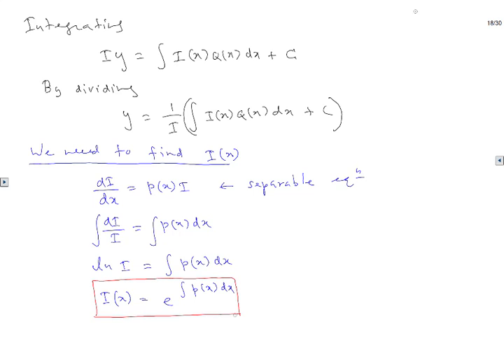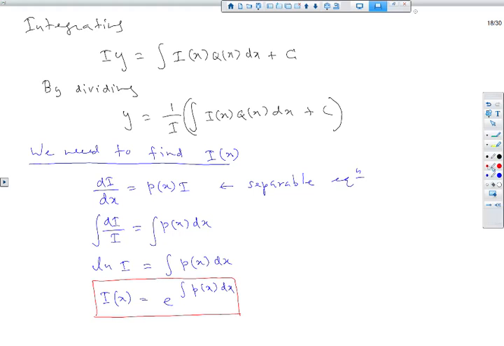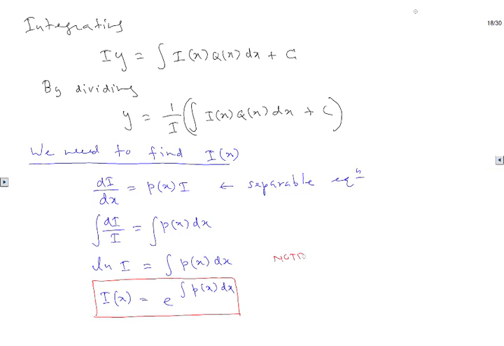Okay. Some notes. You can see that we do not add a C. That's because we are looking for only one solution. Since we are looking for one solution, we are not looking for the general solution, so we do not add a C in this special case.